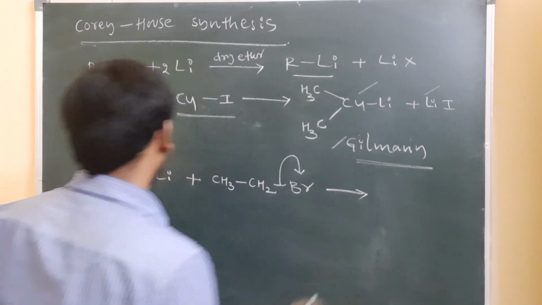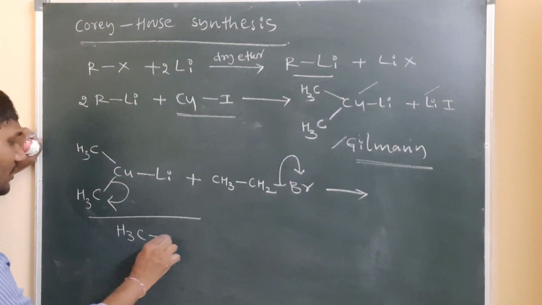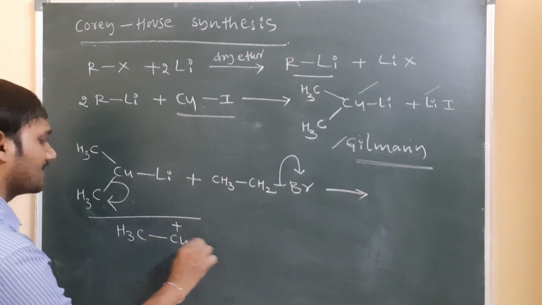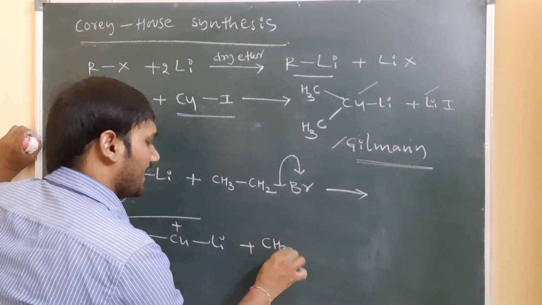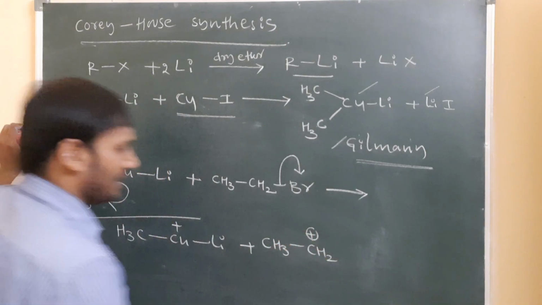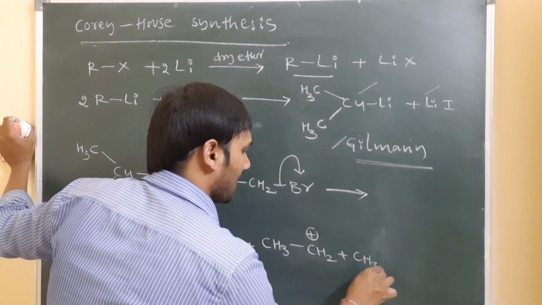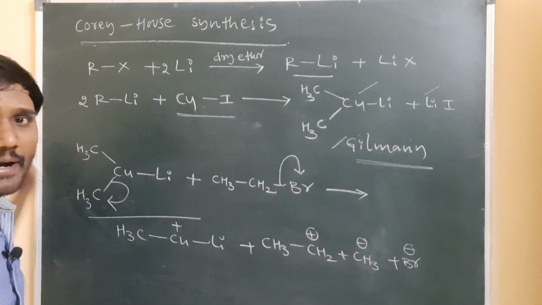So now the product is converting as CH3 copper plus lithium, and here this is converting as CH3CH2 plus, and here this is CH3 minus, and one more, bromide ion, is formed.